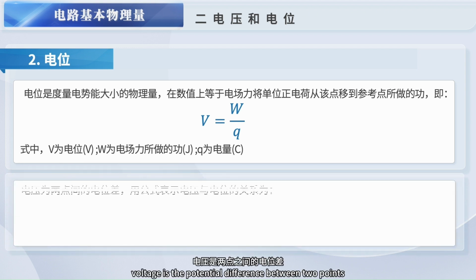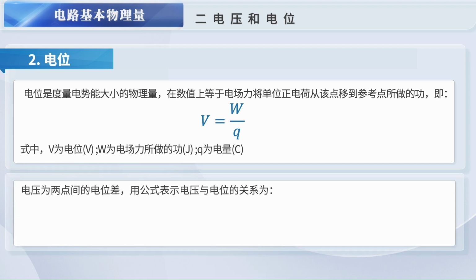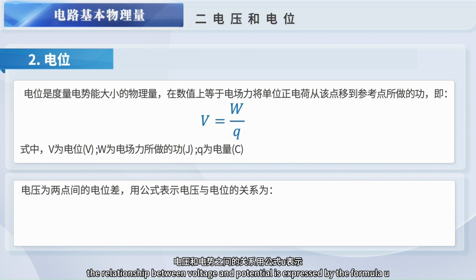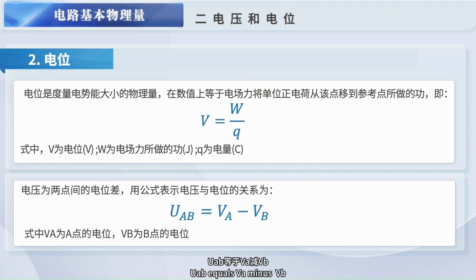Voltage is the potential difference between 2 points. The relationship between voltage and potential is expressed by the formula UAB equals VA minus VB, where VA is the potential at point A, and VB is the potential at point B.